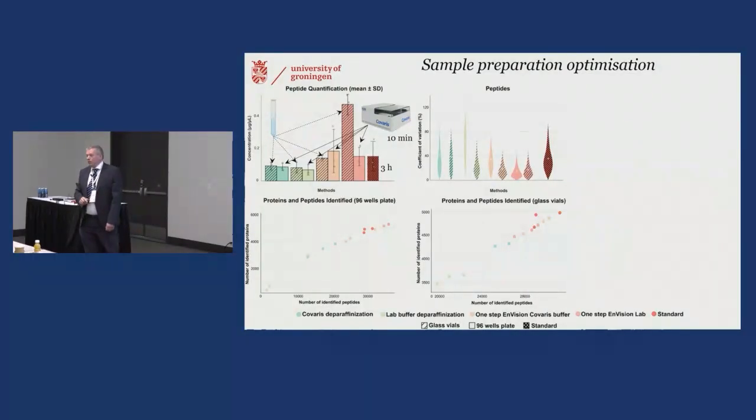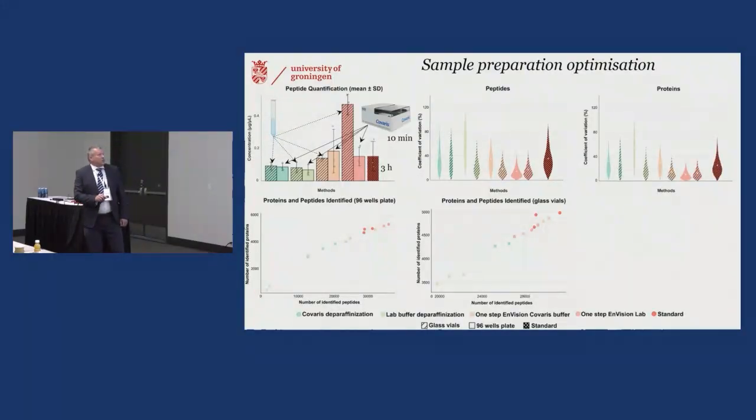When you look at the reproducibility, the coefficient of variation, you can see that the standard method has relatively large variability. The methods with the first 2 buffers also provided quite large variability, but the one-step deparaffinization with Covaris buffer or SDS provided better reproducibility. This is for peptides, and of course you infer the proteins from the peptides, so you see basically the same picture.